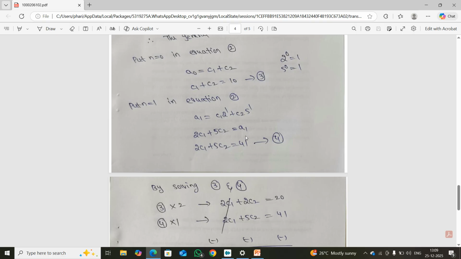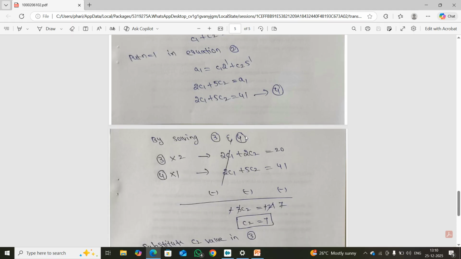c1 plus c2 equal to 10 is one equation, and 2c1 plus 5c2 equal to 41 is another equation. How to solve these two equations and get the c1 and c2 values?